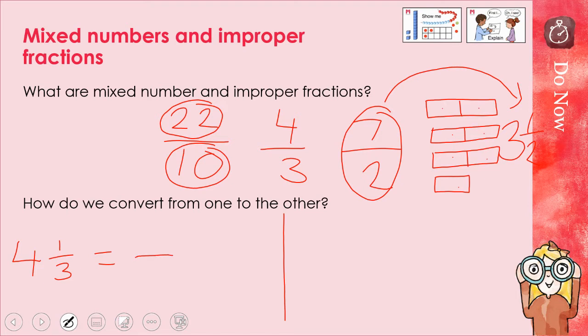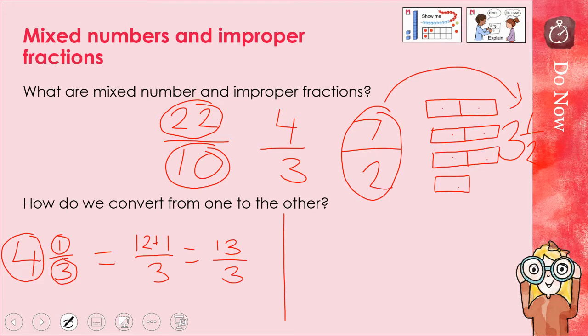I want to know how many thirds are in 4 and a third. I know that 3/3 is equal to 1, and I've got 4 lots of 1. So I do the whole number multiplied by the denominator. 4 times 3 is 12. And then add on the thirds that I already had. So that will give me the answer 13 thirds.